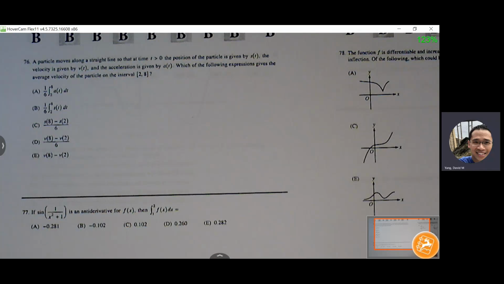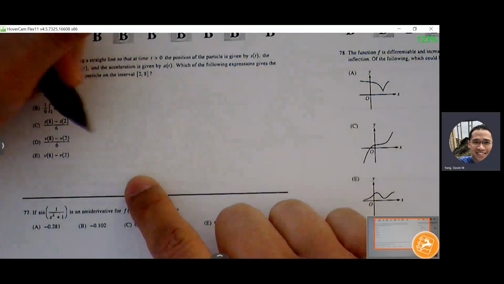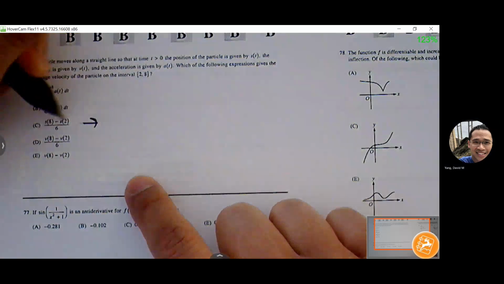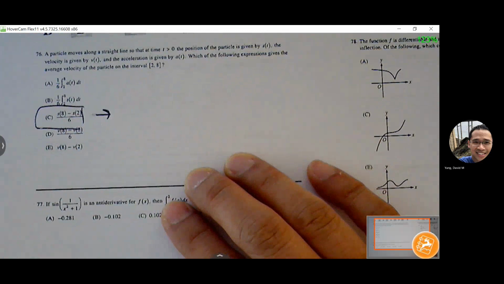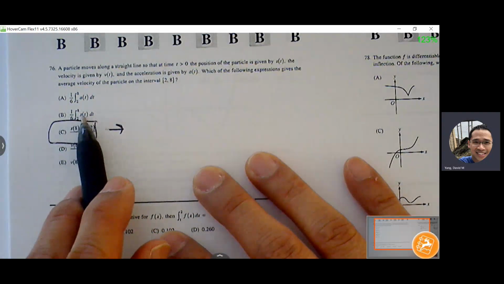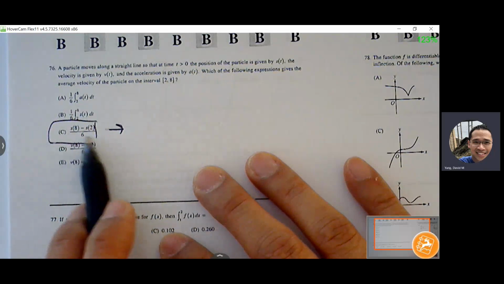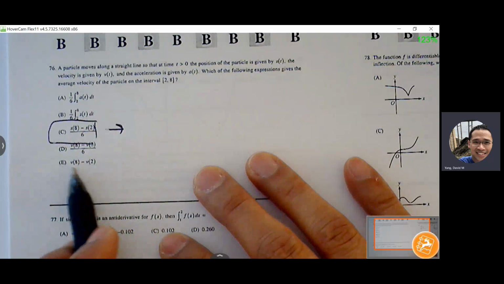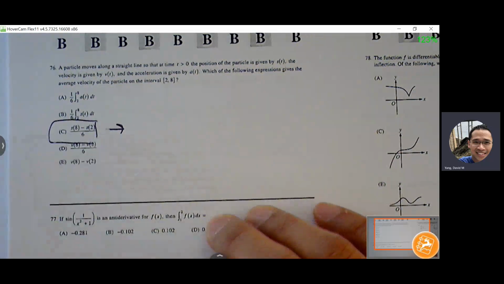So average velocity is change in position over change in time, which is the slope of position. This here gives average position, this gives average acceleration, this gives average acceleration, and this is change in velocity here. So yeah.